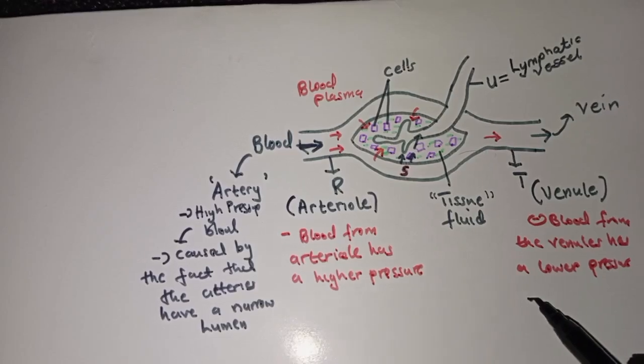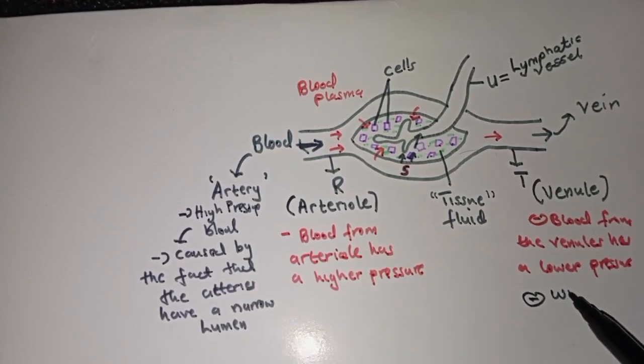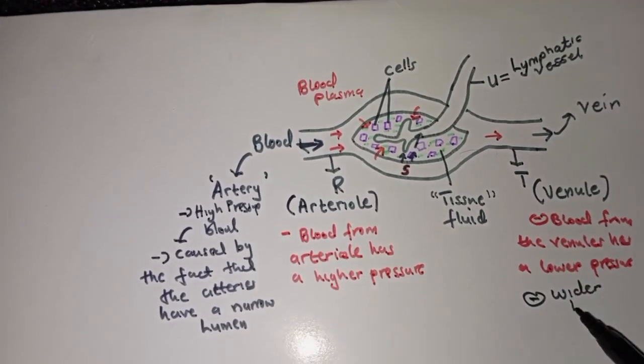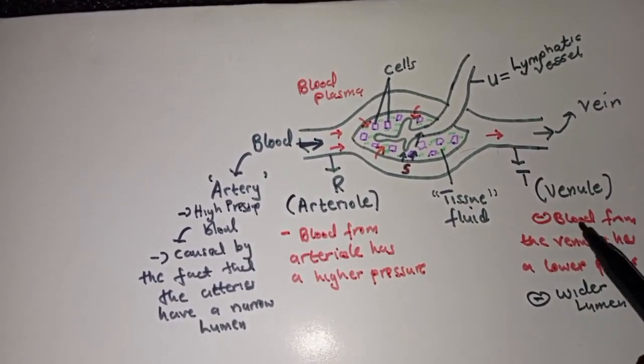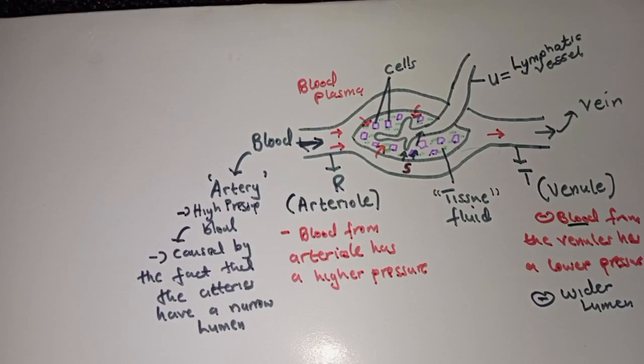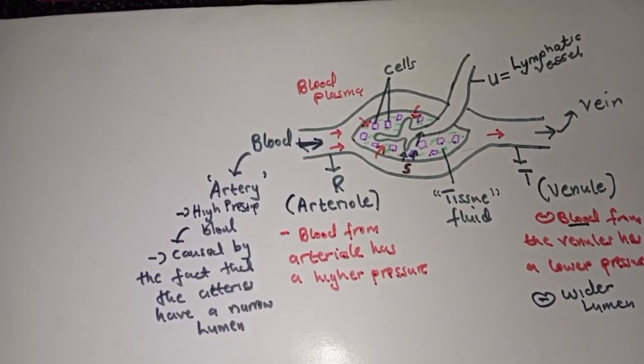But the veins have a wider lumen. This is what makes the blood have a low pressure in the veins. This is what makes it have a low pressure.